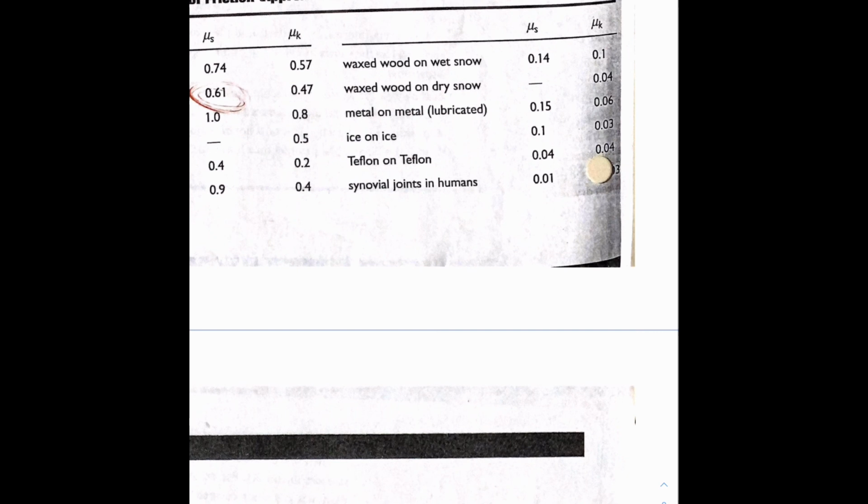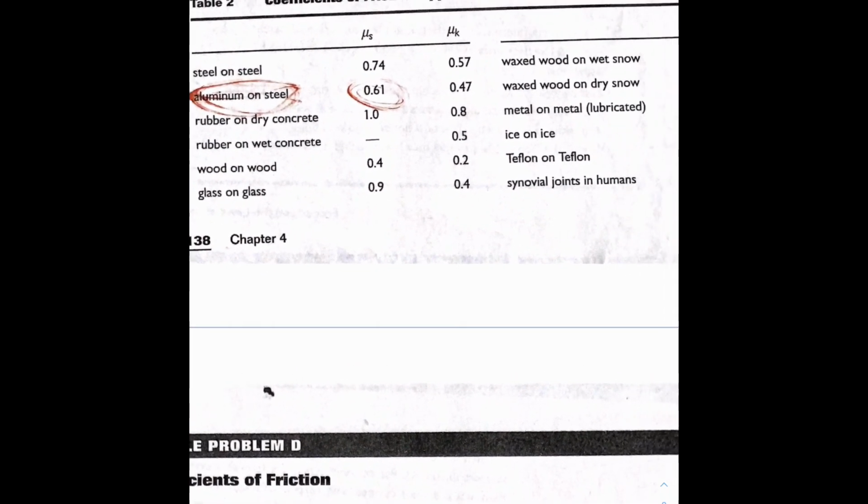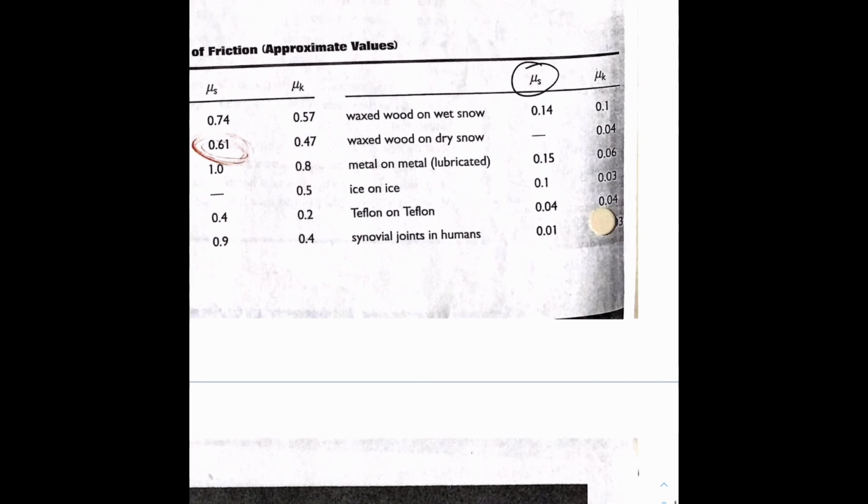We can also see here that mu s is always, and here they mean maximum. I don't think they say that, but this is going to be our maximum mu s. And you can also see that mu s max is always greater than mu k.